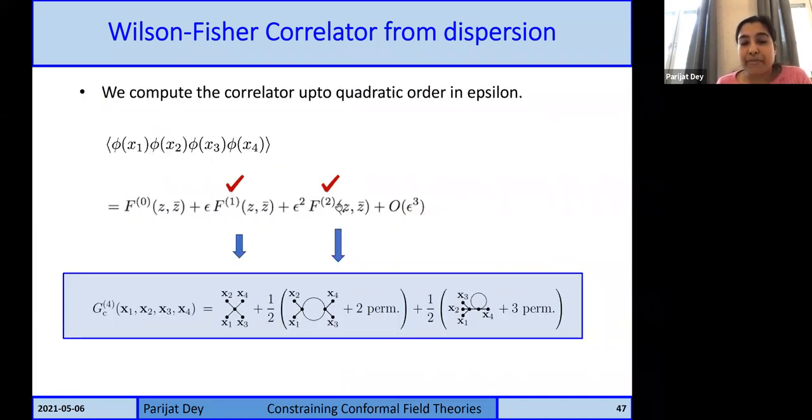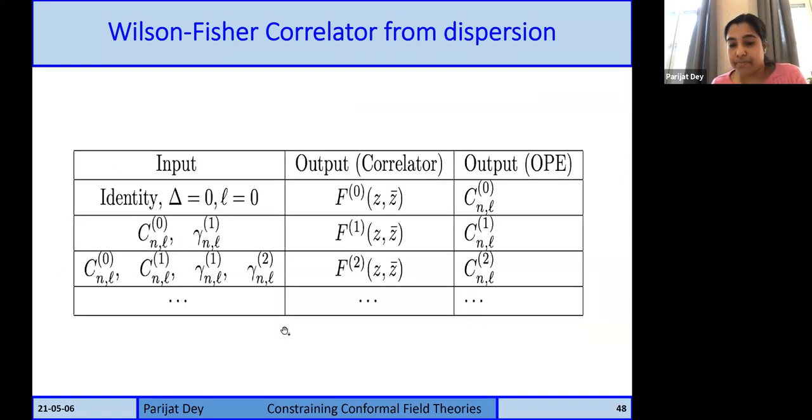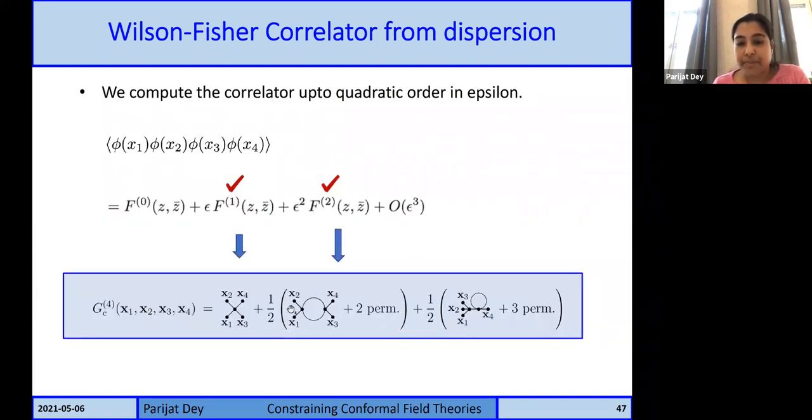So we have computed this F2 also using this dispersion relation. This is equivalent to computing these diagrams. What we get using the dispersion relation is the closed form expression for all these diagrams. And that's how this works perturbatively.